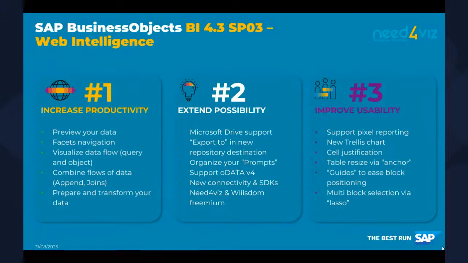Since Service Pack 2, Service Pack 3 brings additional capabilities in this area. Everything you have created in a Webi document can be exported as an OData flow and reused in third-party tools that can read an OData flow. And first objective, and this will be the reason of this session, we introduced a strong and new capability directly into Web Intelligence in the area of data.